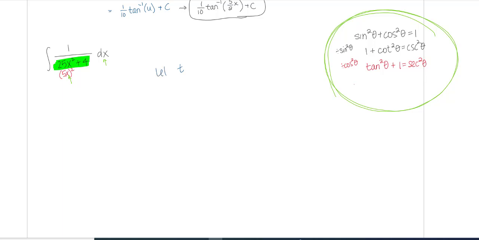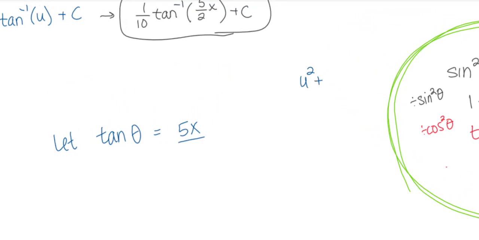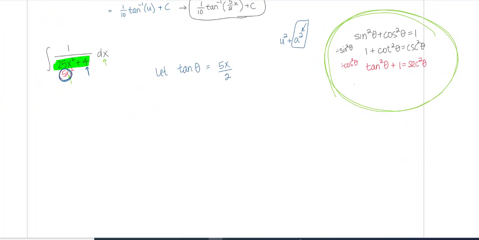So I'm going to say let tangent of theta be, and we always said it was what we were squaring in the term that had the variable, so 5x, over what we were squaring as the constant term. Because remember, we always had some function squared plus some other constant squared. So what was that a? That is a 2.